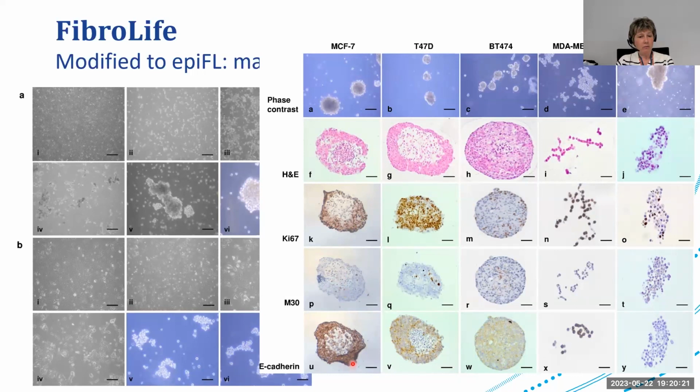The cells which form very nice, tight, adherent clusters stain positively for E-cadherin, which is probably not too surprising. The three here are forming the nice, tight clusters. But where you see the more grape-like structures, you don't see the expression of E-cadherin. So Epifiber Life can be modified to form EpiFL, and that supports the spontaneous growth of breast cancer epithelial cells in 3D culture.